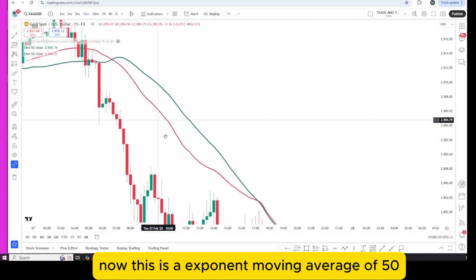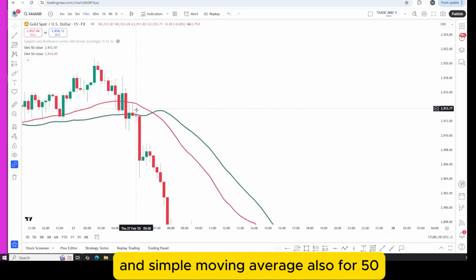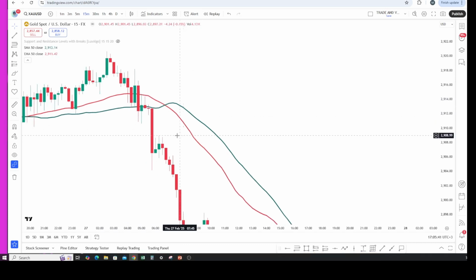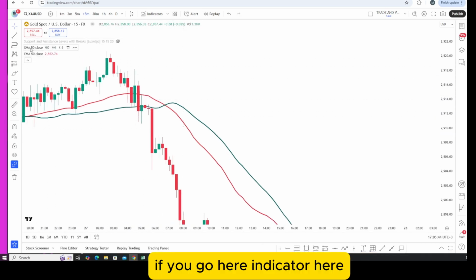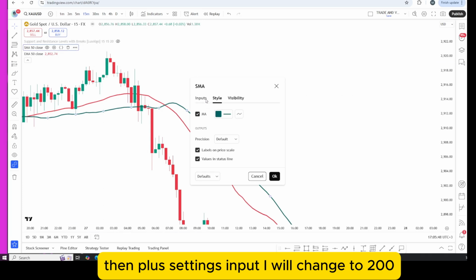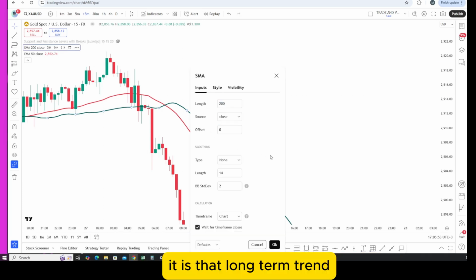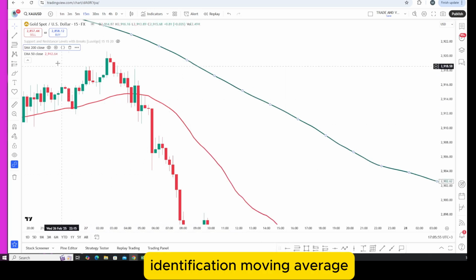Okay. Now this is the exponential moving average of 50 and simple moving average also of 50. Then how to change it: go to the indicator here, then settings, inputs, and I will change it to 200. It is the long-term trend identification moving average.